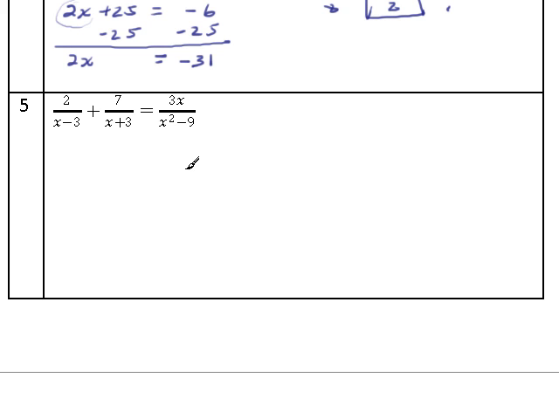This last one's a little bit different because we can factor this denominator into x plus 3 times x minus 3. So let's look at the denominators. The denominators all have these factors, x plus 3 times x minus 3. So that's what we're going to multiply both sides by. I'll write it in fraction form, and here also on the left.